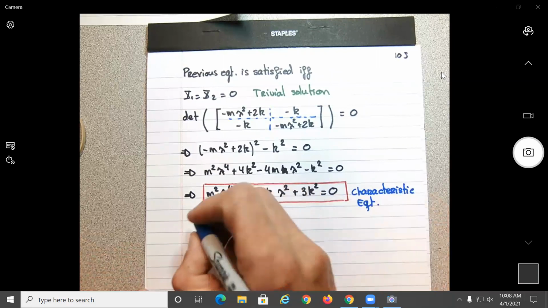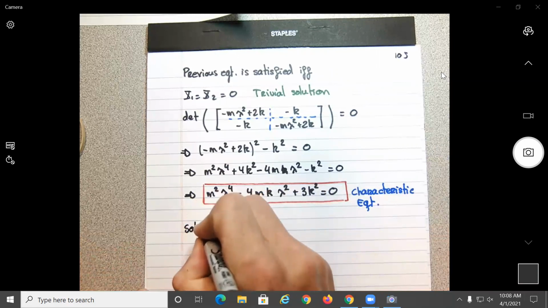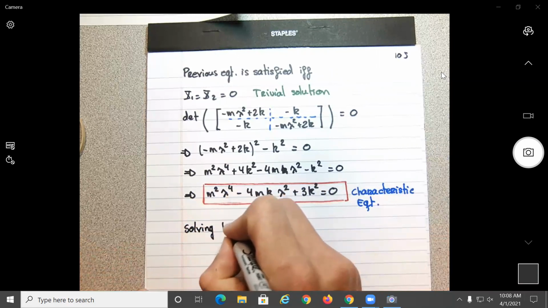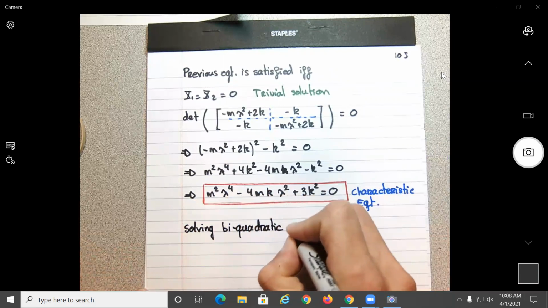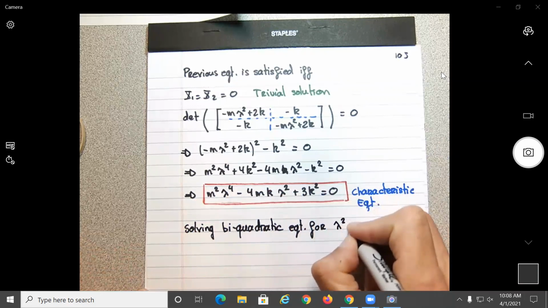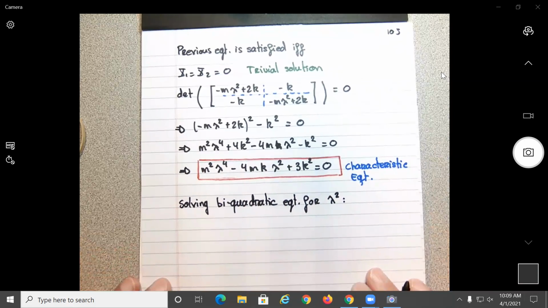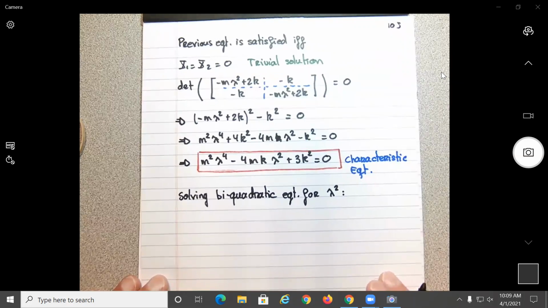Okay, so solving the bi-quadratic equation for lambda squared.